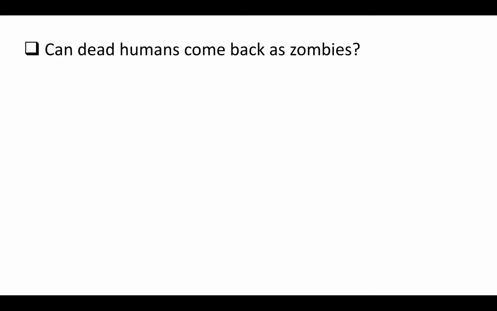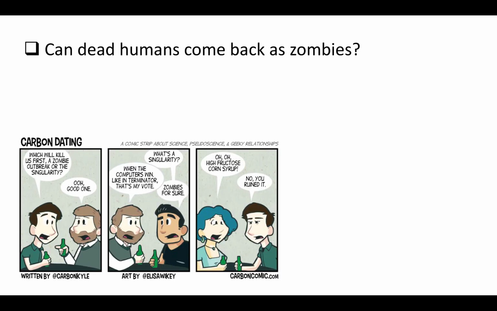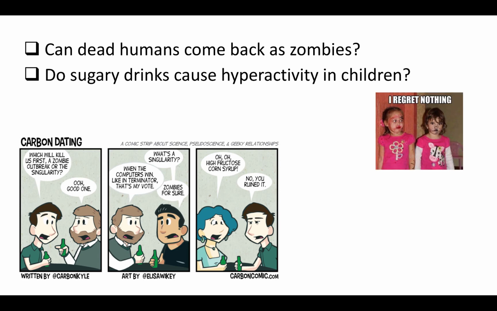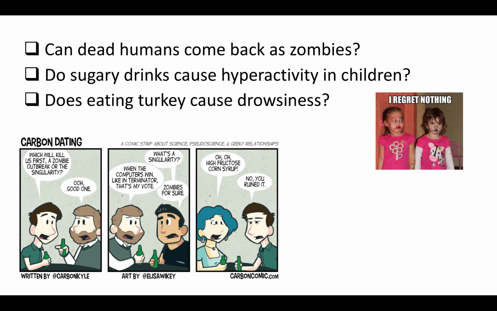Some questions raised in the chapter are, can dead humans come back as zombies? Yes, some of these are ridiculous questions, but it serves a purpose. Another question is, do sugary drinks cause hyperactivity in children? And does eating turkey cause drowsiness?